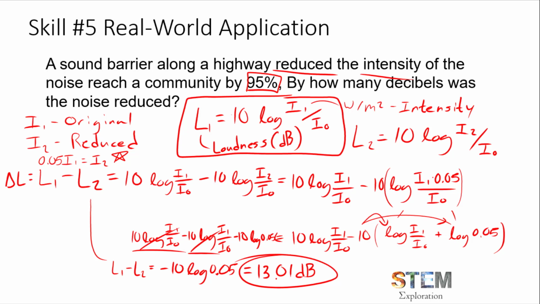So if you want to reduce the intensity reaching your community by 95%, you just drop it 13.01 decibels. It doesn't matter if you're at 100 decibels or 70 or 60. You reduce it by 13.01 decibels, you reduce it by 95%. If you want to reduce it by another 95%, you just keep reducing it by that increment of decibels, and you would be able to obtain that.